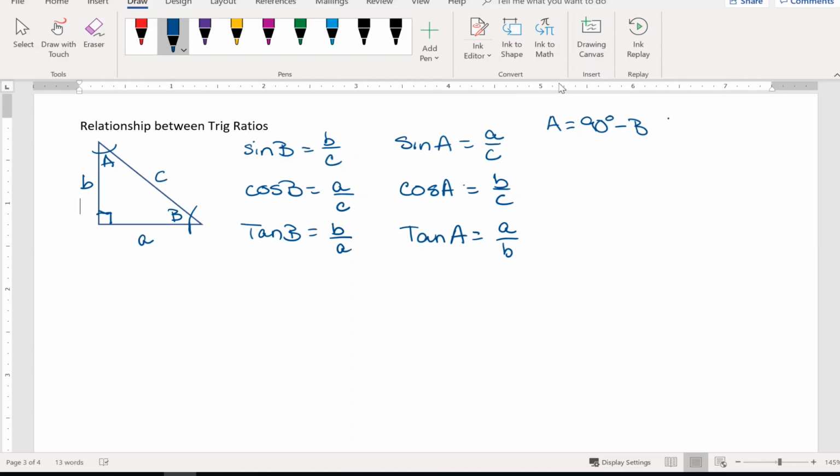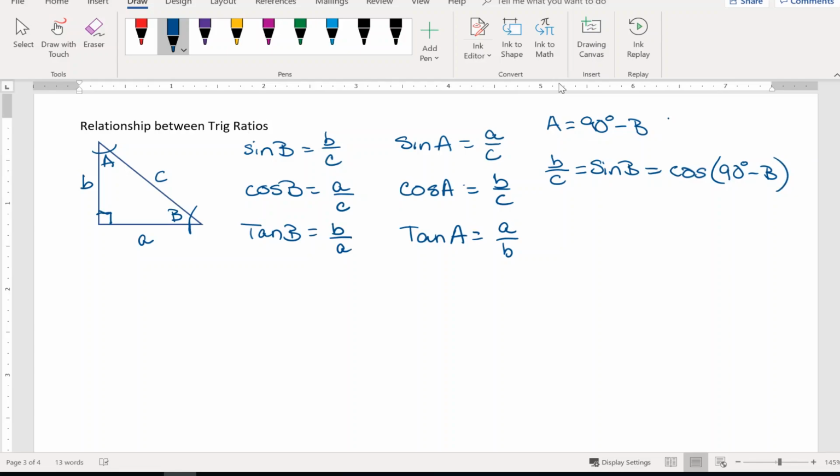So we know that sine B is equal to B over C. This is equal to sine of B, which happens to also equal the cosine of A. And if we write A now as 90 degrees minus B, so now we have sine B is equal to the cosine of 90 minus B.